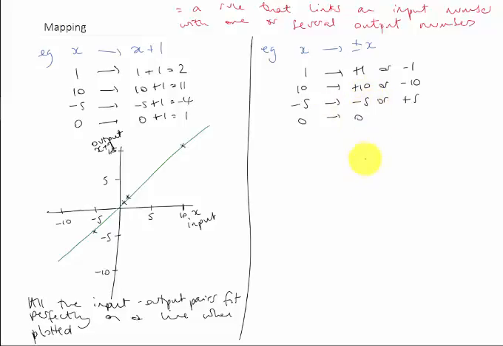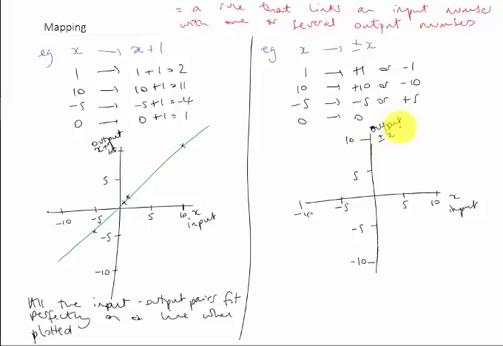And if we plot these on a graph, we get quite a different story. So we've got the same kind of scale that we need here. So it's 10, 5. This is x, our input, and this is our output, which is plus or minus x.